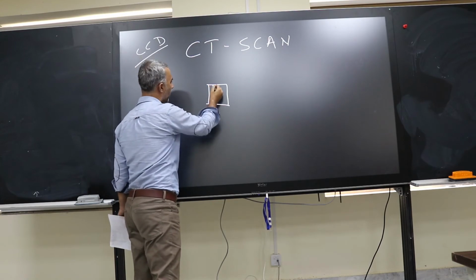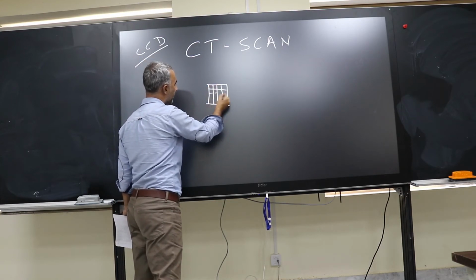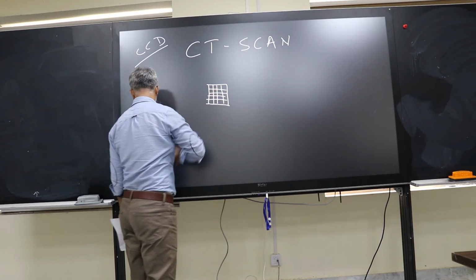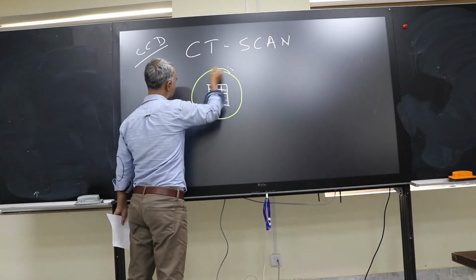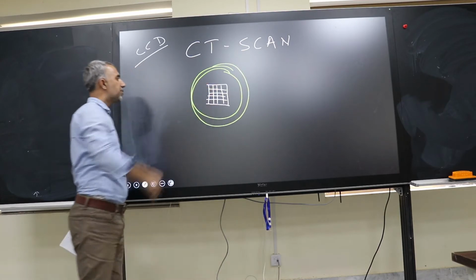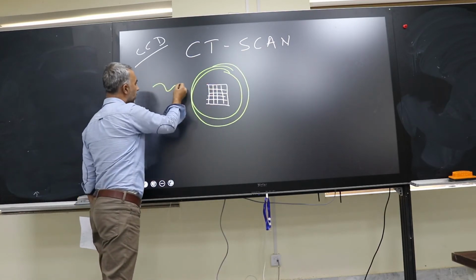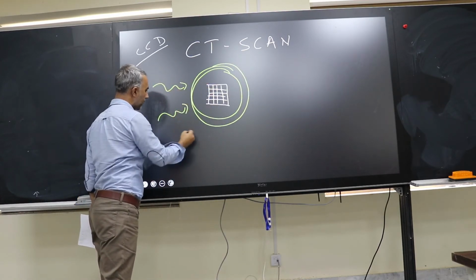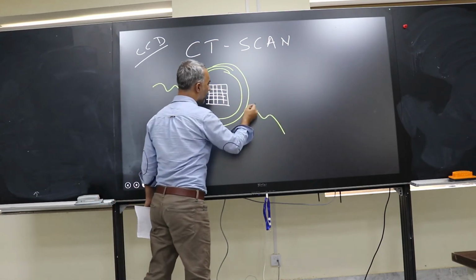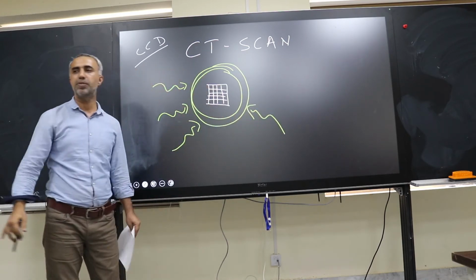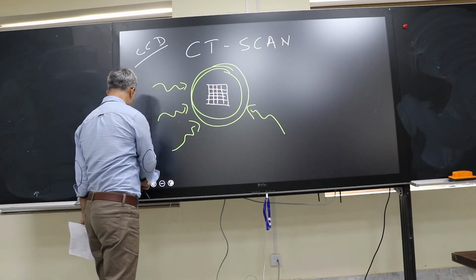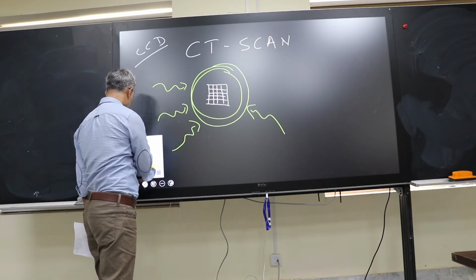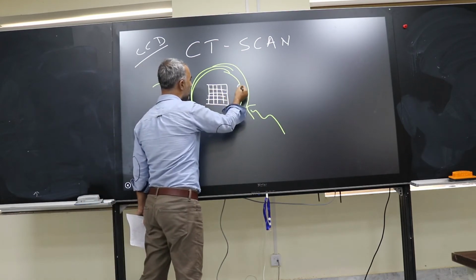Suppose this one is a discretization pattern. And consider the CT scan machine passing around the body, and of course gamma rays from various directions are passing through the body. If gamma rays pass through from this side, here it is stored somewhere.